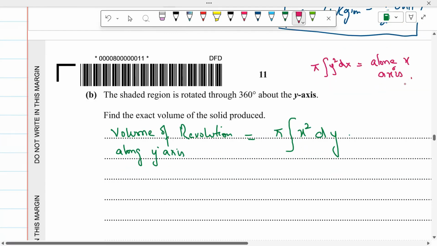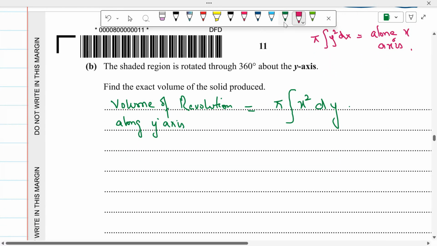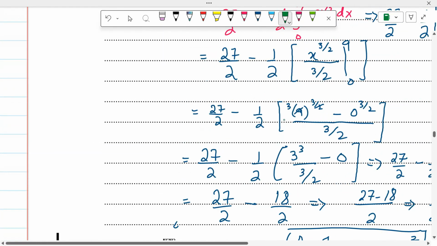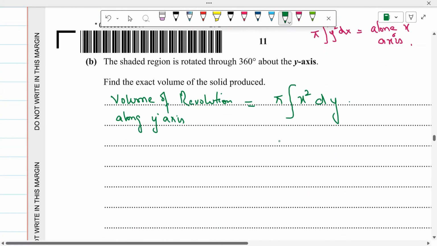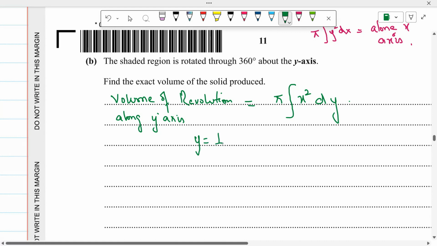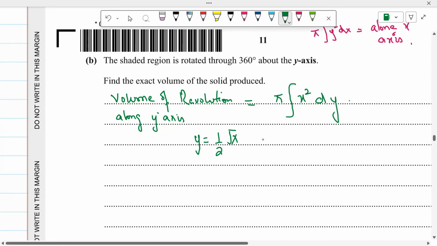So here we have the function y is equal to 1 over 2 under root x. We need to find the volume of revolution and we need x squared, so we square both sides.